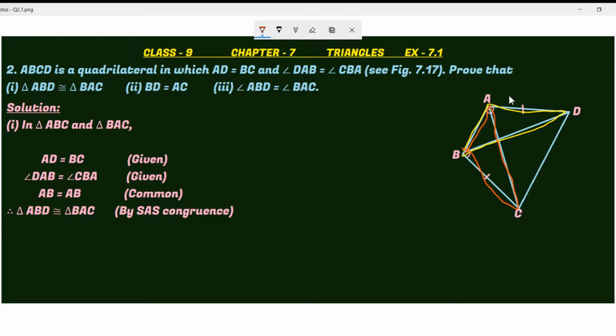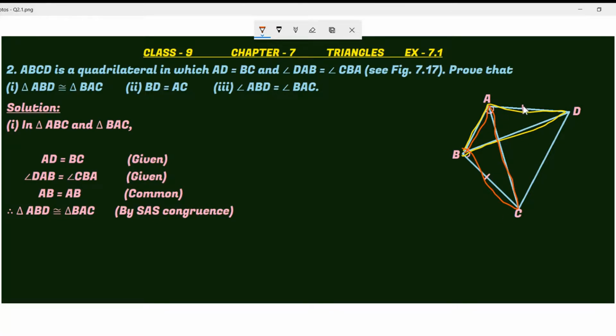These triangles should be equal by using one of the congruence rules. We will check. First we'll take the triangle ABD and triangle ABC.